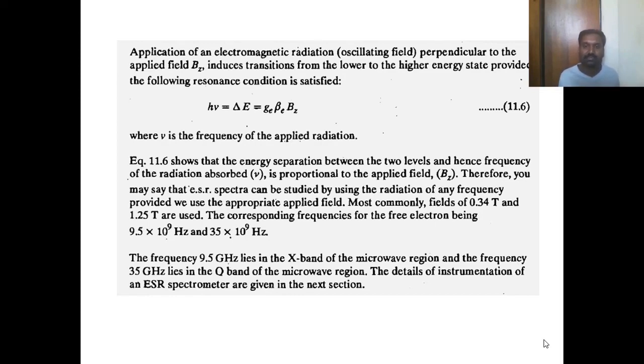In practice, both in NMR and ESR, the frequency is kept constant and the magnetic field is swept or varied to find the resonance conditions wherever the absorptions happen. So, if an ESR spectrometer is operating at a frequency of 9.5 gigahertz, it is called an X-band spectrometer. If it is operating at 35 gigahertz, it is called a Q-band spectrometer.